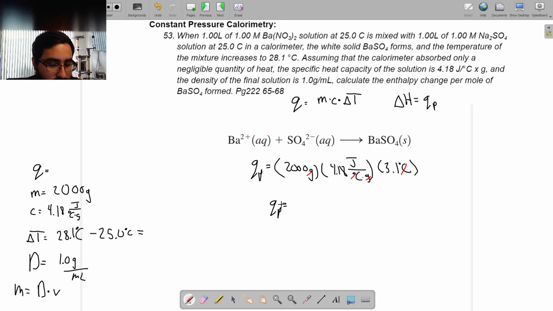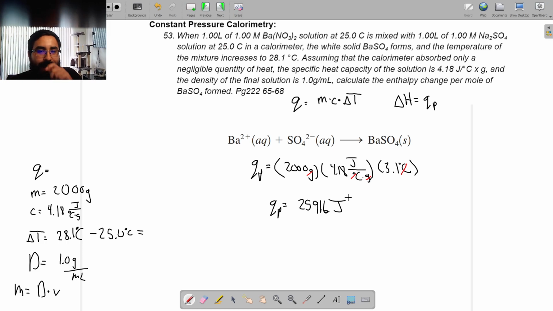Calculator. So 2,000 times 4.18 times 3.1 gives us 25,916 joules. All right, that is our heat that's released.